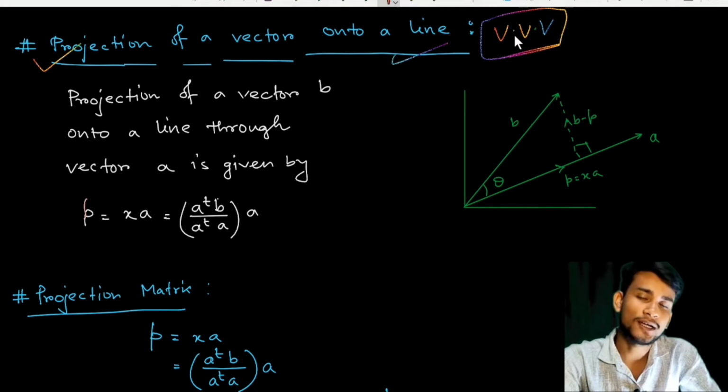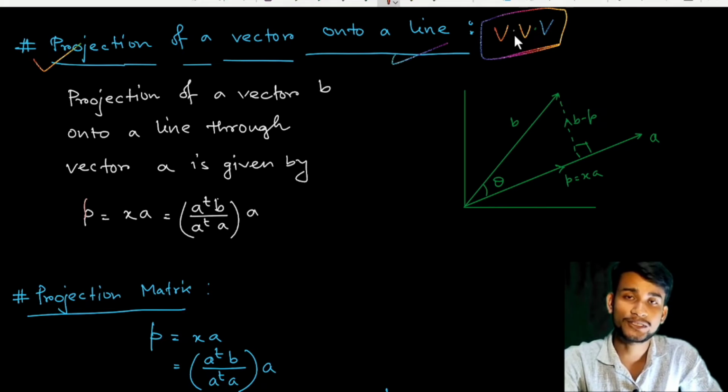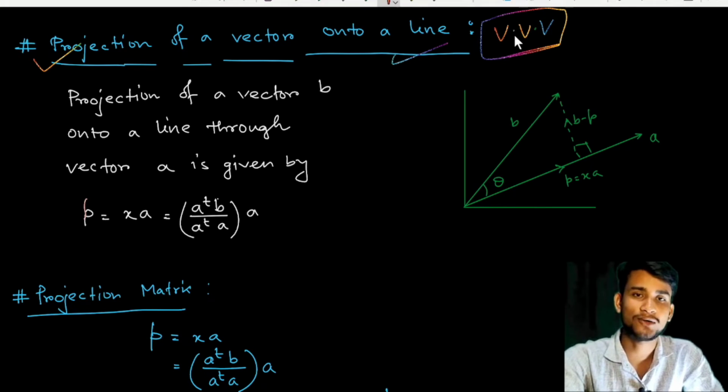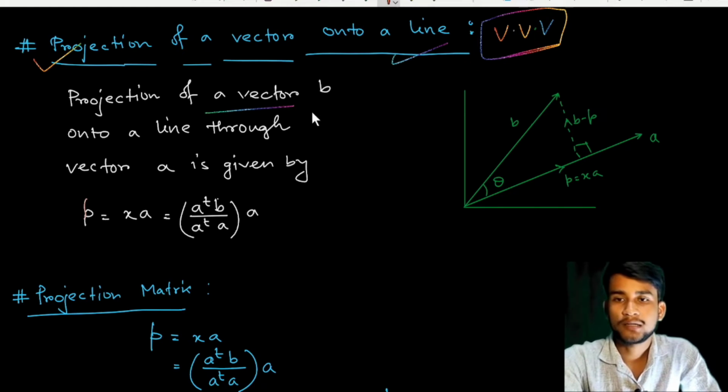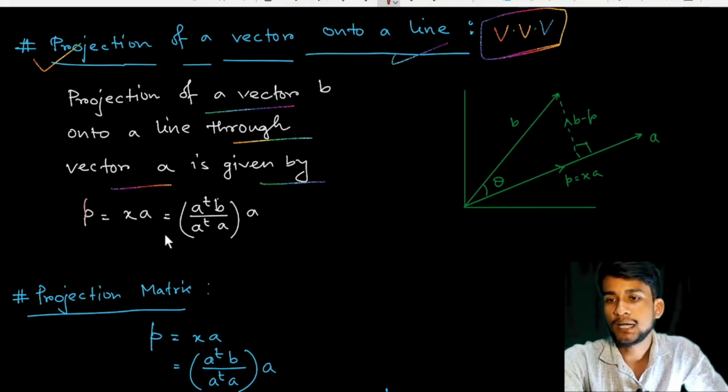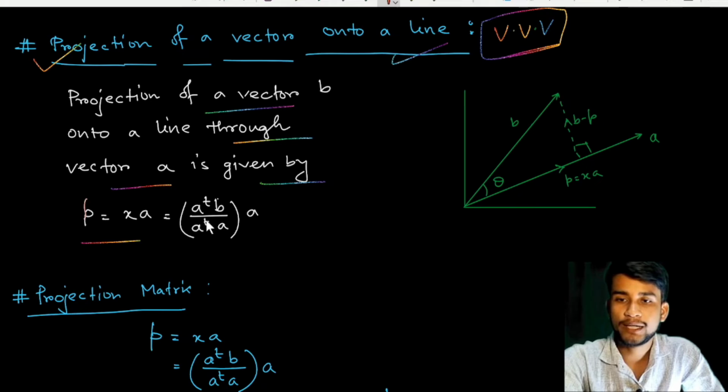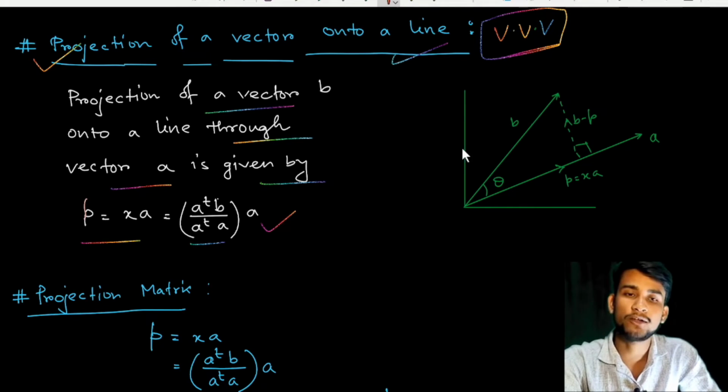If we see the past 5-year question papers, or 2 or 3 or 8 question papers, a question from this section comes obviously. The projection of a vector B onto a line through vector A is given by p equals x equals (A transpose B)/(A transpose A) times the vector A. Here A and B are vectors.